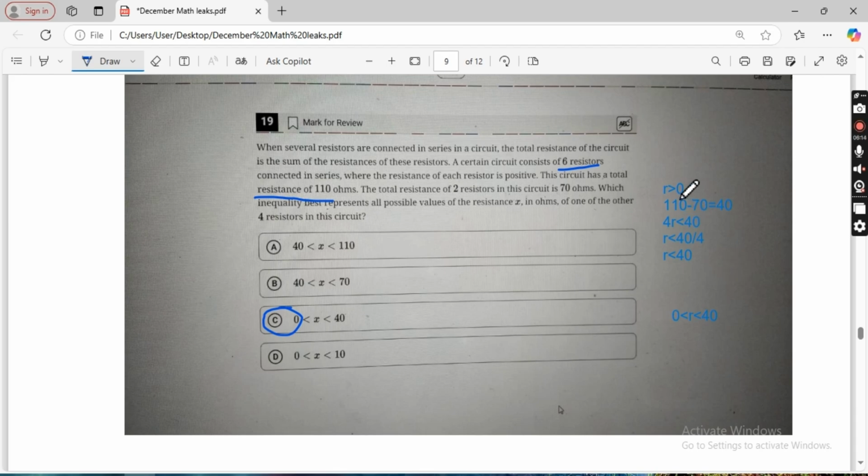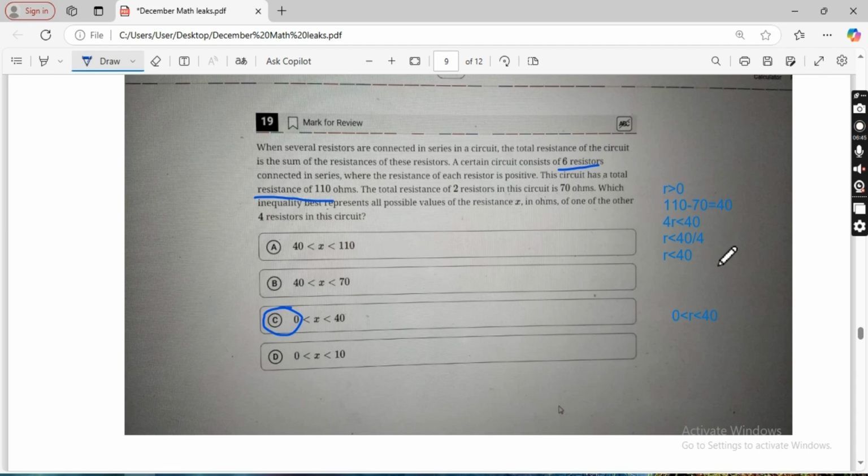Here, R is bigger than 0 if you take the resistance as R, and the resistances of the rest of the 4 resistors add up to 40. So you can write 4R is smaller than 40. However, you should not think that every resistance among these 4 should be smaller than 10.